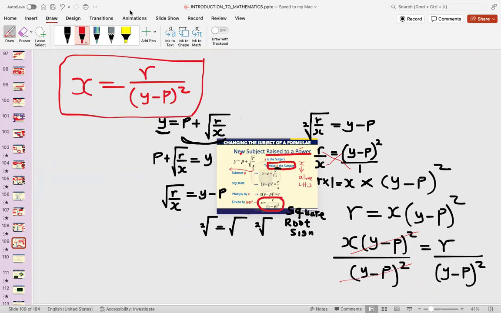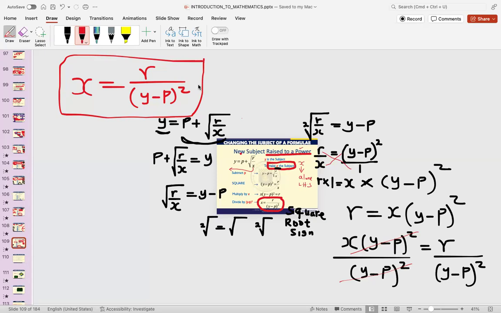All right, so if there is no question. I have a question, sir. Yes, go ahead. Okay, so sir, with regards to the roots, root r over x equal to y minus p.